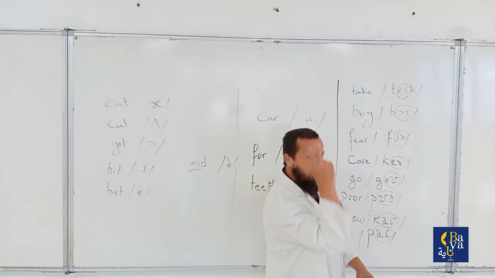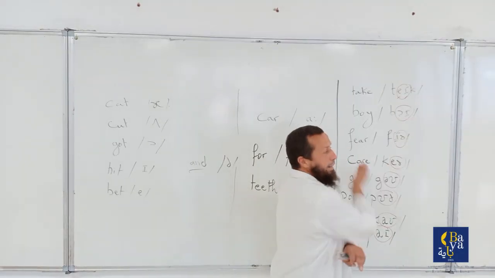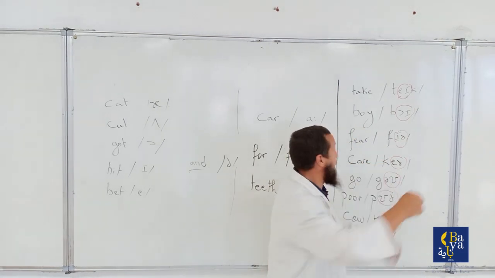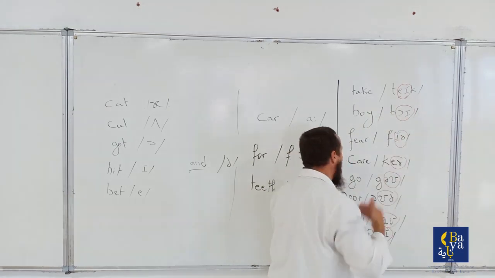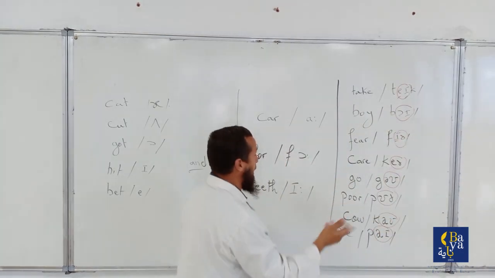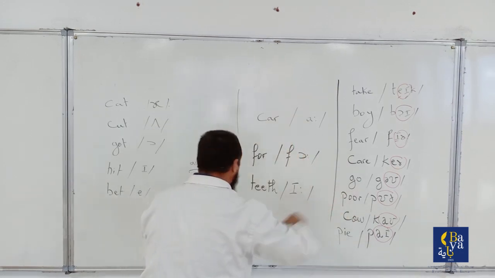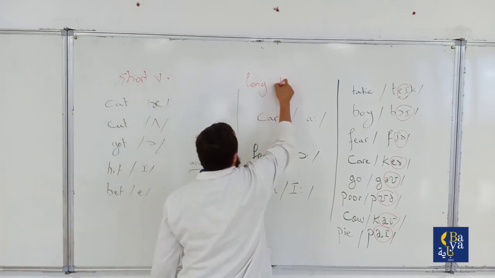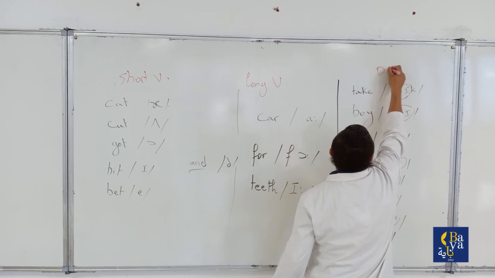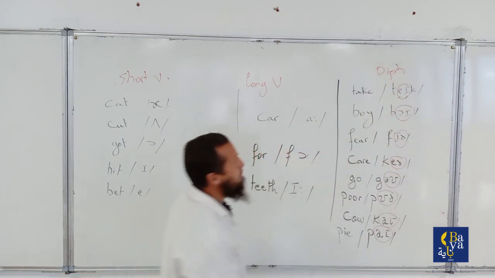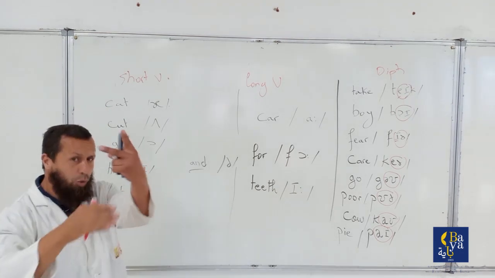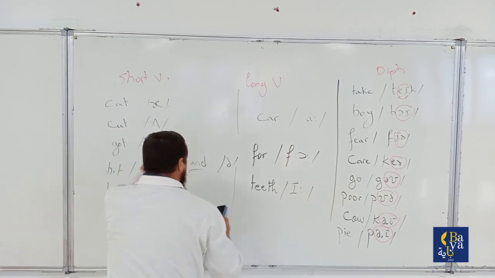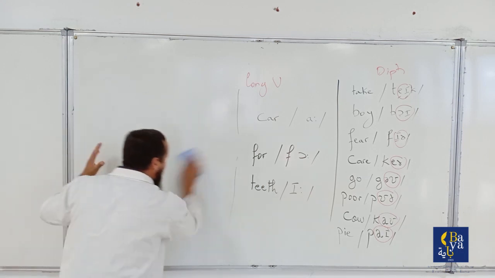Now here we have 2 vowel sounds. Don't forget, we have 8. A, I, ear, u, ow and I. These are diphthongs. So, short vowel, long vowel, and diphthongs. Di means 2.